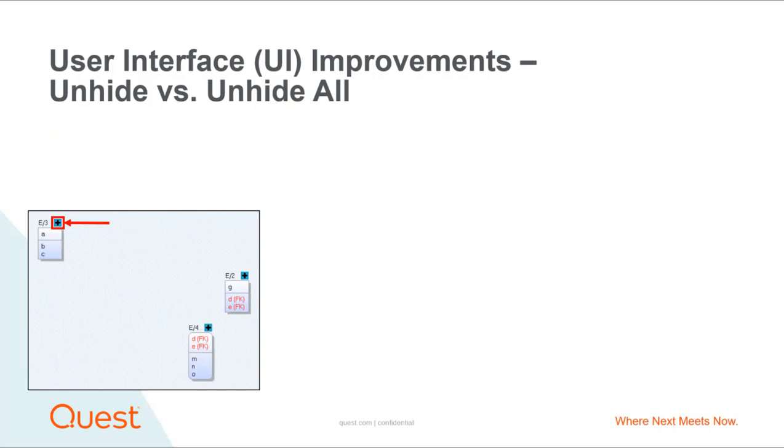The hiding queue, that blue highlighted plus sign, indicates one or more hidden objects. Right-click any object displaying the hiding queue to display a pop-up menu containing Unhide and Unhide All options.